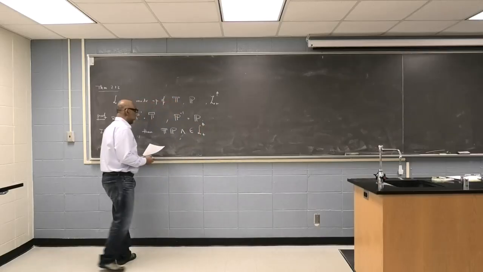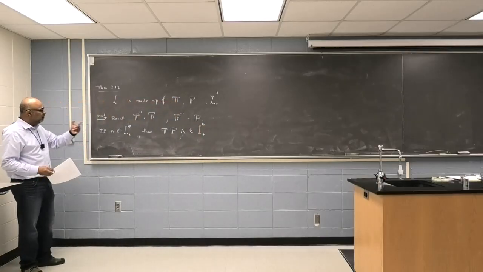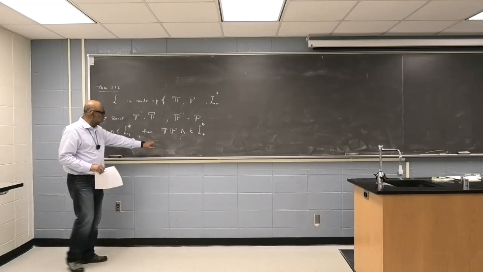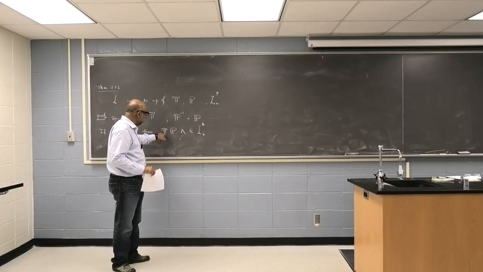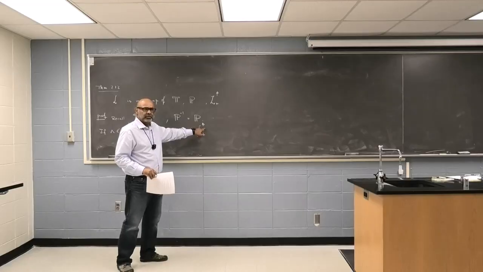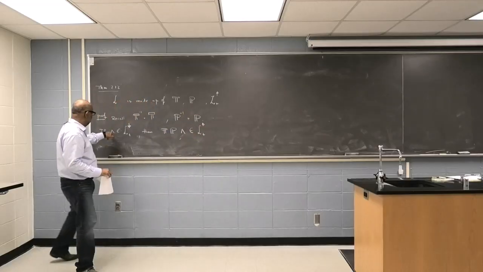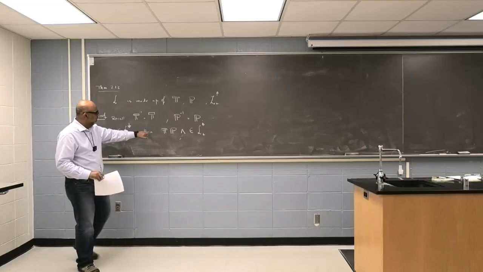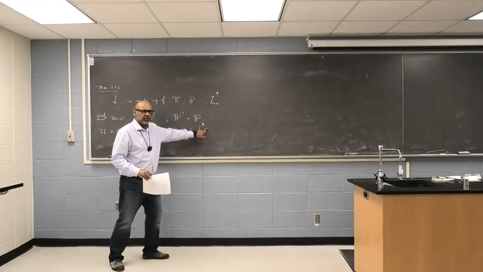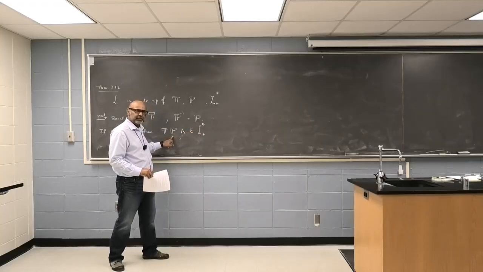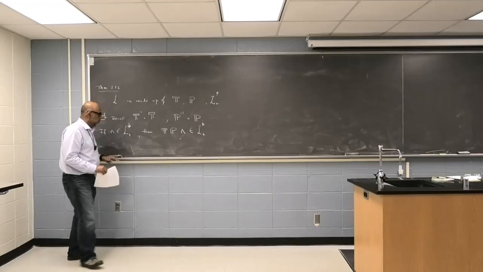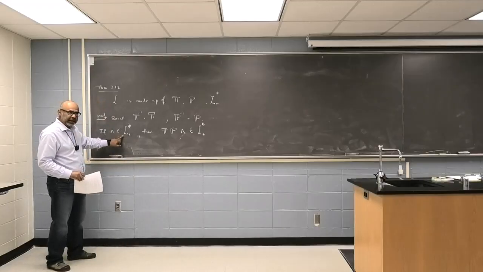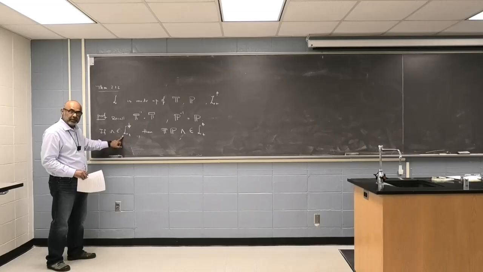Why is that? And why did I need T and P? Because if I just multiply by T, I'm going to get an orthochronous, right? Time has been reversed. If this is non-orthochronous, if I multiply by T, I should get orthochronous. Why did I multiply by P? Because this L has a superscript and a subscript.